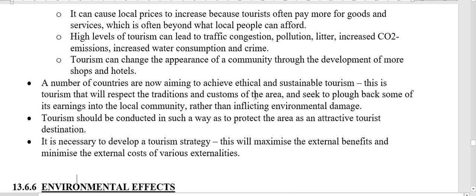Then it does cause local prices to increase as well. That is very unfortunate because tourists, as a result of our very weak currency, are able to pay higher prices because their currencies are so much stronger than ours. So at the tourist destinations, very often the prices of goods and services are increased in the peak seasons so that businesses can make a lot of money from the tourists who are able to pay these high prices.